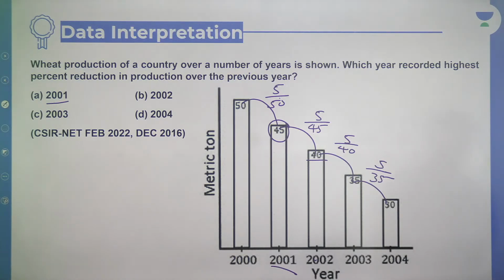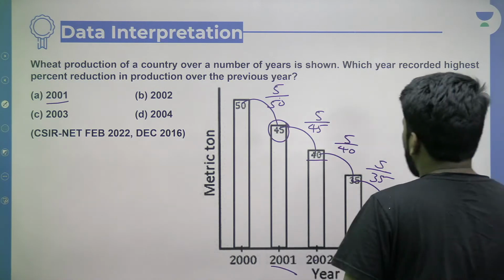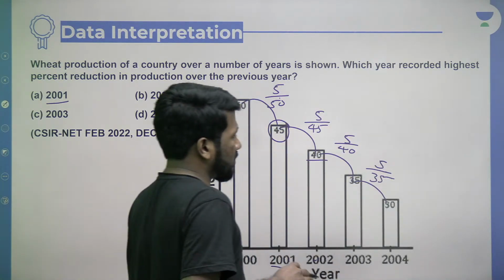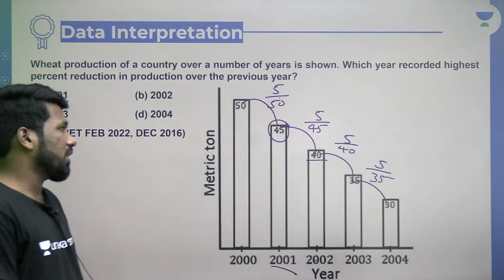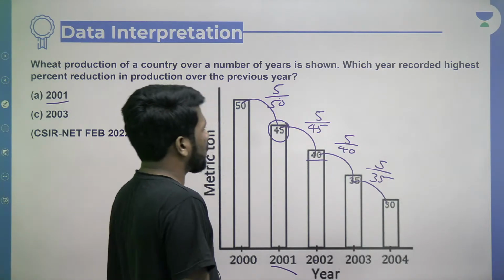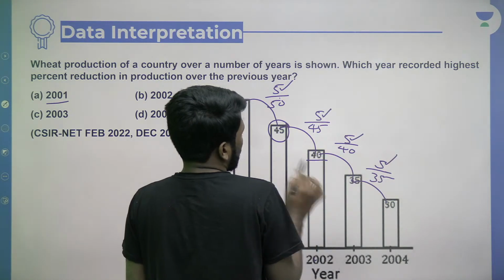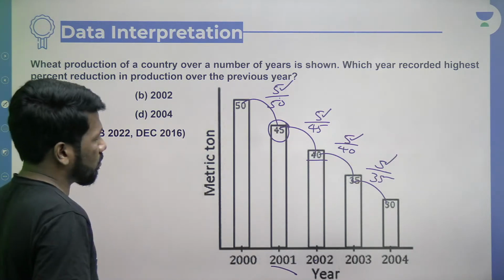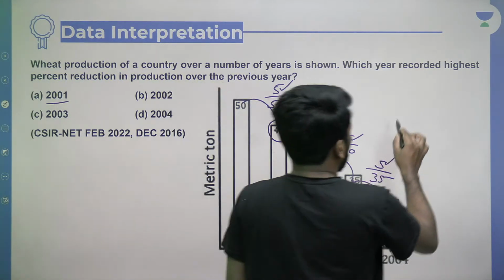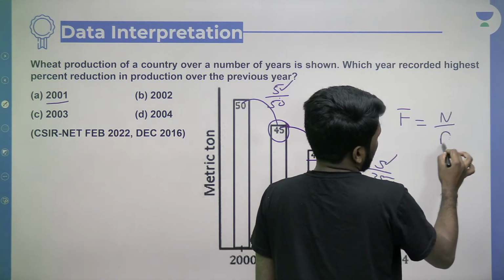Now the question is asking which is the highest percent reduction, or in other words, which of these fractions is the highest. You don't actually have to calculate it, because the numerators are all the same, so the denominators' size will tell which is highest. I hope all of you learned in school days: fraction is numerator by denominator.